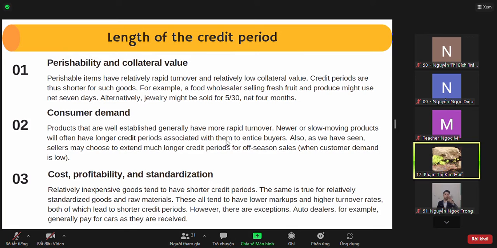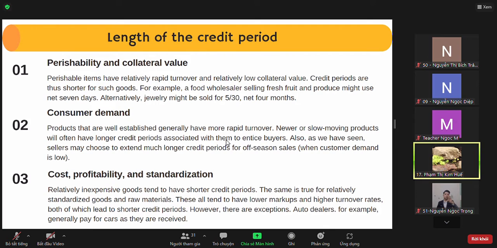Then cost, profitability and standardization. Relatively inexpensive goods tend to have shorter credit periods. The same is true for relatively standardized goods and raw materials. They all tend to have lower markup and higher turnover rates, both of which lead to shorter credit periods.